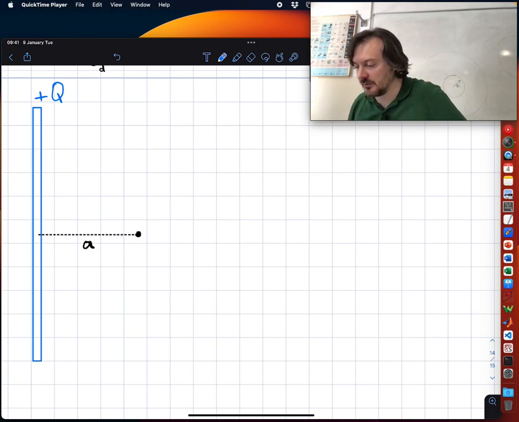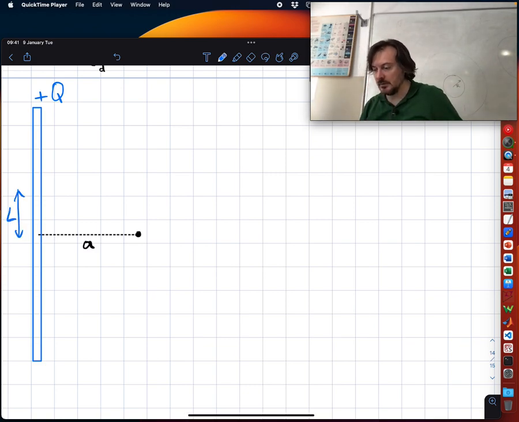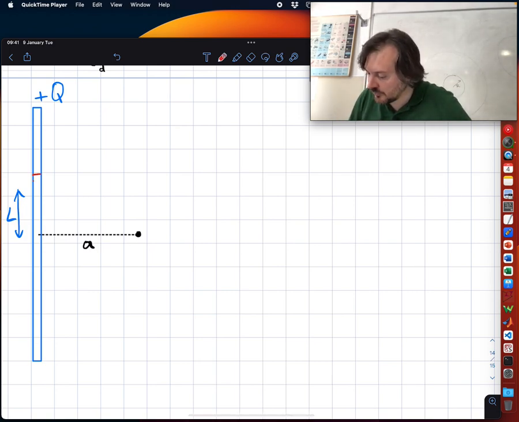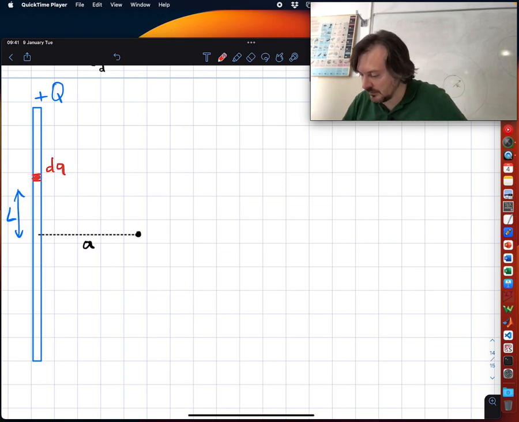So I have plus q uniformly distributed. The length is L. What is the electric field over here? Let me just choose dq over here. Choose x over here and dx.